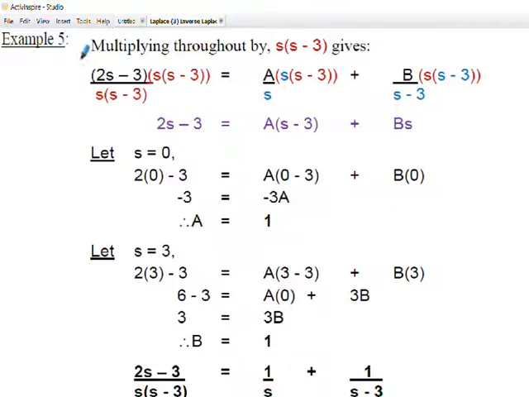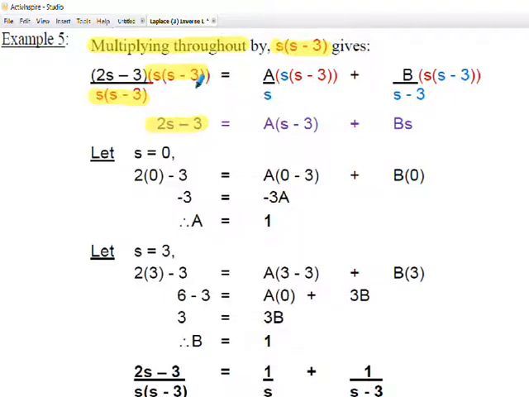Okay, what we're going to do to try and simplify this function is to multiply throughout by s times (s minus 3), which is the denominator on the left hand side. So every term now is going to be multiplied by that. If we multiply the left hand term by that, we will see that they cancel top and bottom, so we end up on the left hand side of our expression with 2s minus 3.